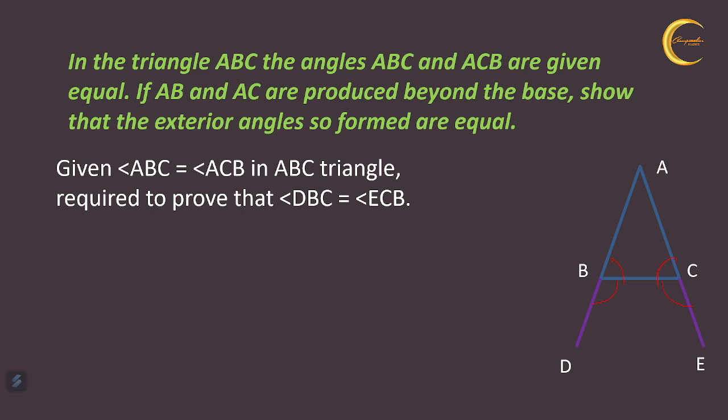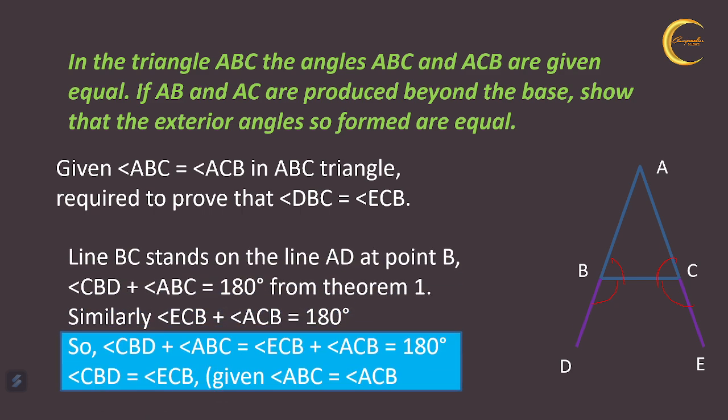Now you see here the line BC stands on the line ABD. So this angle and this angle are supplementary angles equal to 180 degrees, and it comes from theorem 1.